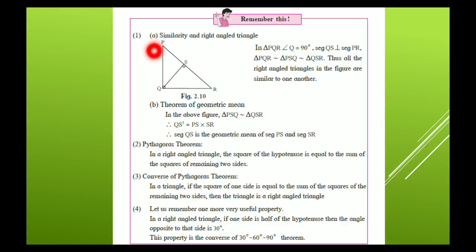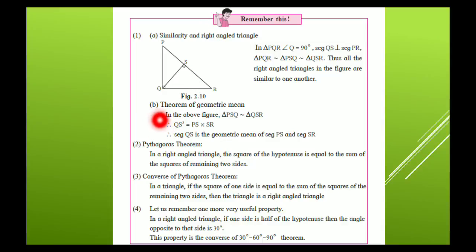According to the similarity and right angle triangle, the right angle triangles in the figure are similar to one another. So how many right angle triangles do we have in this figure? We have triangle PQR, triangle PSQ and triangle QSR. These three triangles are similar to each other.